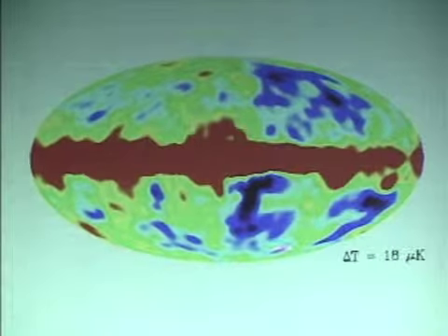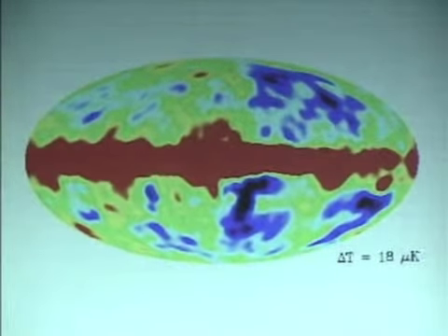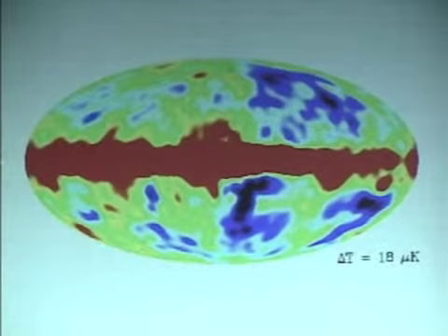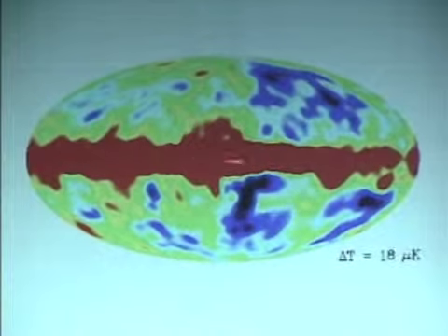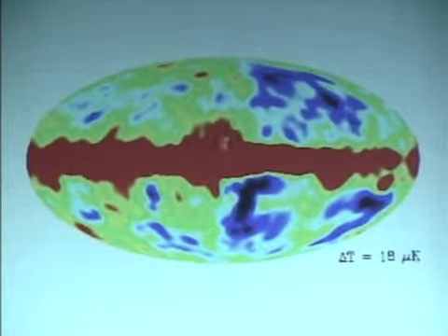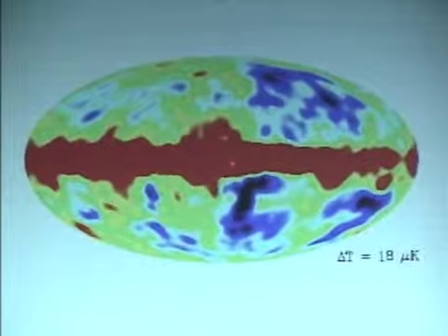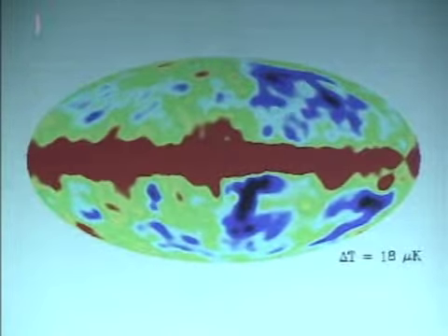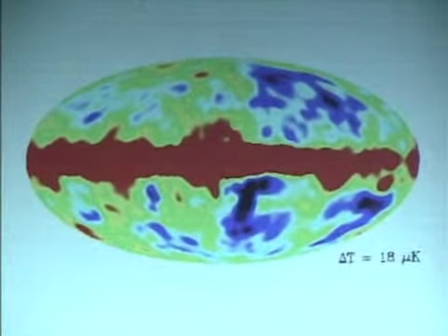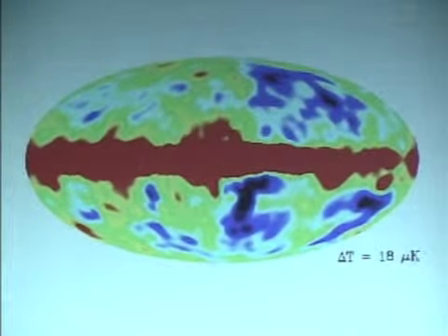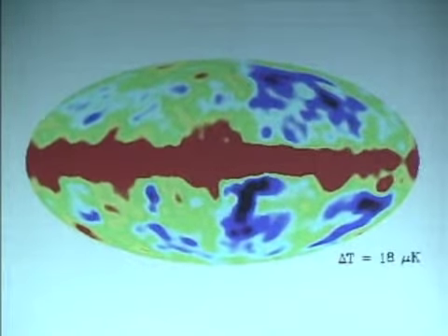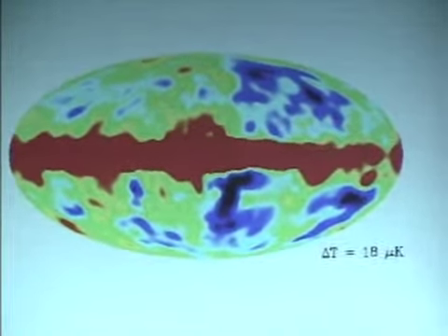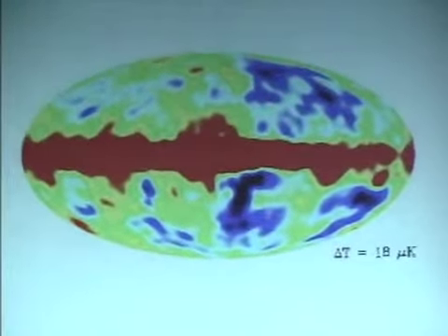So this is a picture, a map made in what's called galactic coordinates. And I imagine you'll see a lot of this stuff this week. In this coordinate system, our own Milky Way galaxy appears across the center band. The actual center of our galaxy is here, but all directions in the sky are somehow included on this egg-shaped thing. Now the red stuff here is radio emission from our own galaxy, and so that gets subtracted out of these so-called Kobe maps before you see them.